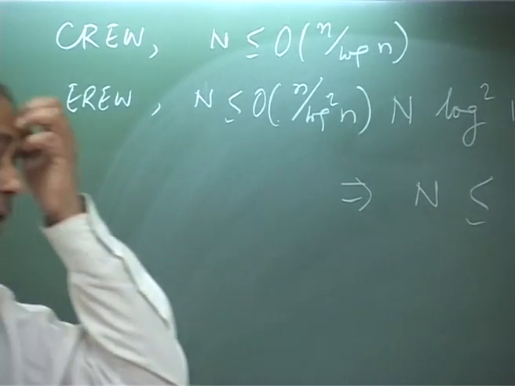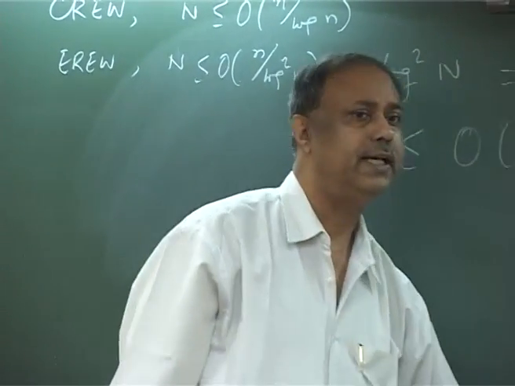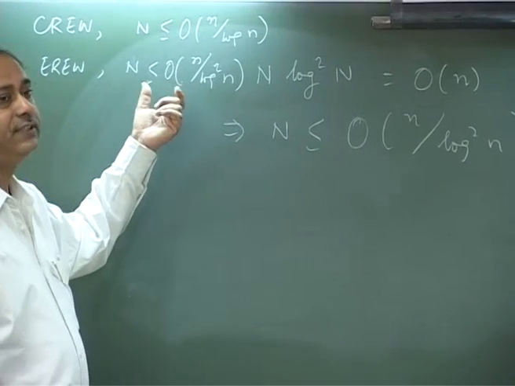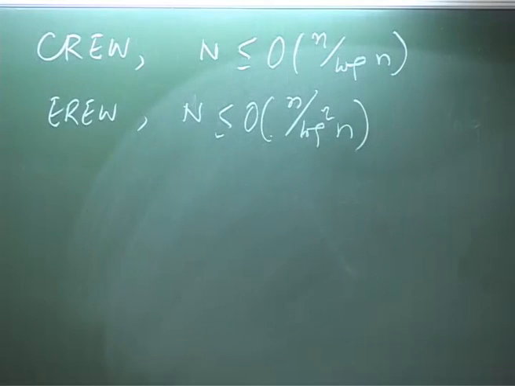Right? Now the problem, both of them are cost optimal, that's okay, but the point is that you know that in the EREW model your size is much less compared to the CREW model. So can we think about some alternatives?